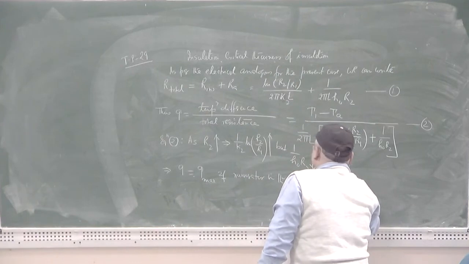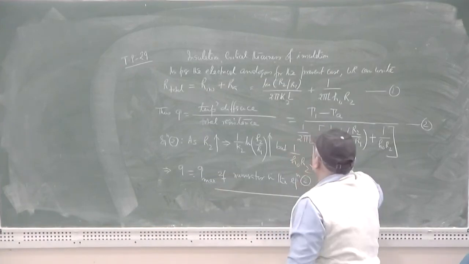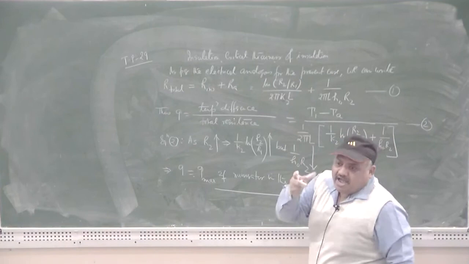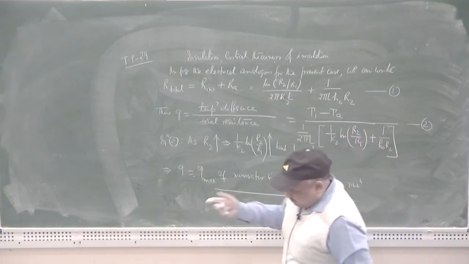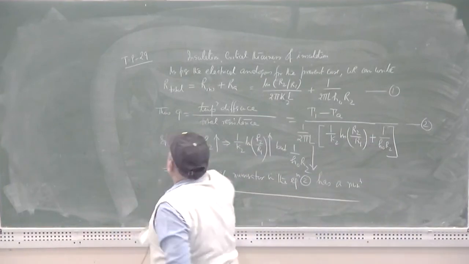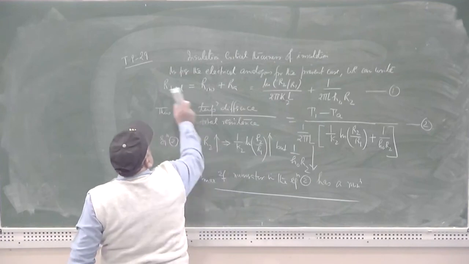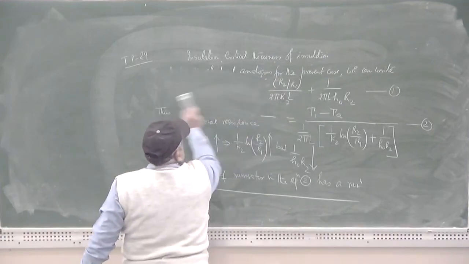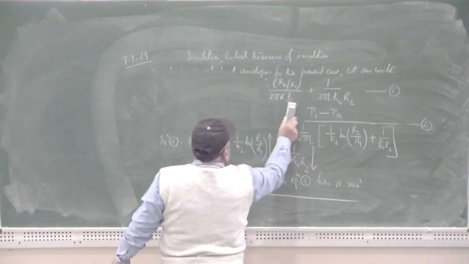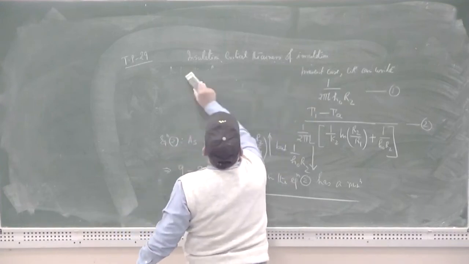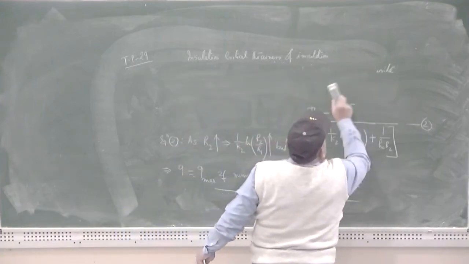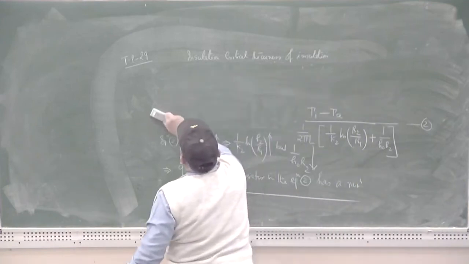So Q is equal to Q max if the numerator in equation number 2 has a minimum value. For minimum value to happen, what is the requirement?